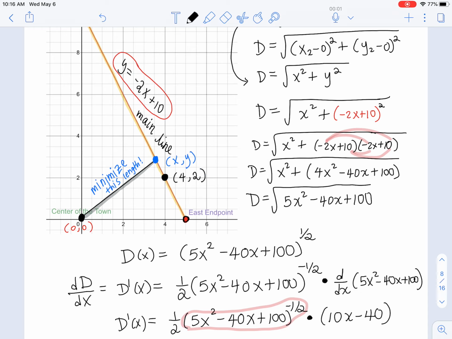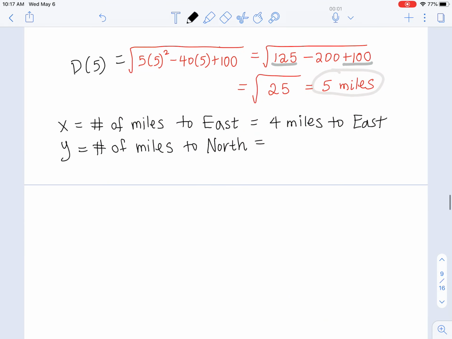But then the question is, how do we get that 2 by using an equation? Now look, y is equal to -2 times the x value of 4 plus 10. Therefore, we get -8 plus 10. So what we got is we need to go up 2 miles north to have a point on this main power line.